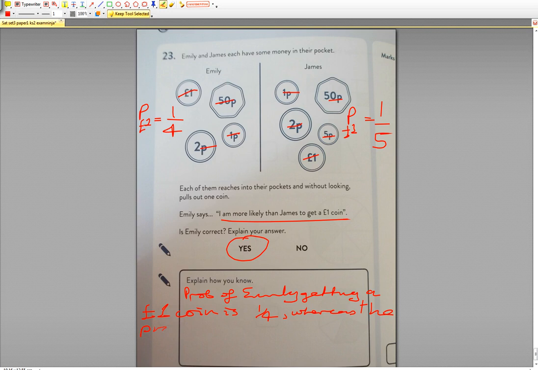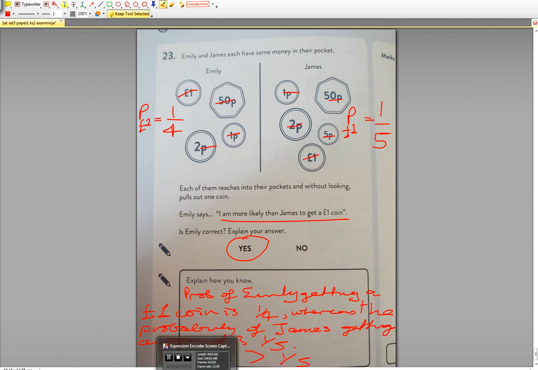Whereas the probability of James getting a pound is 1/5. Full stop. And 1 quarter is greater than 1/5. That's my answer.